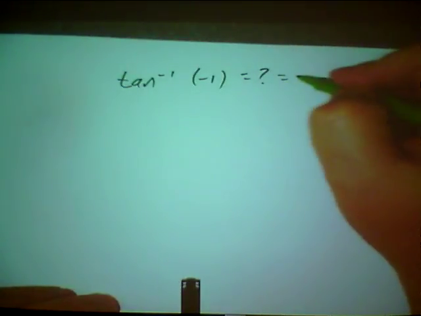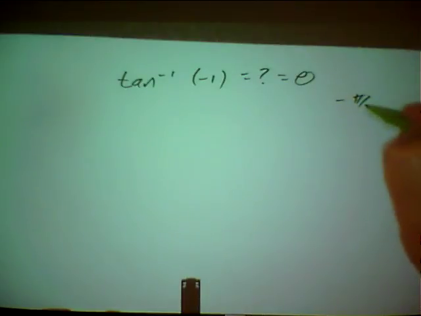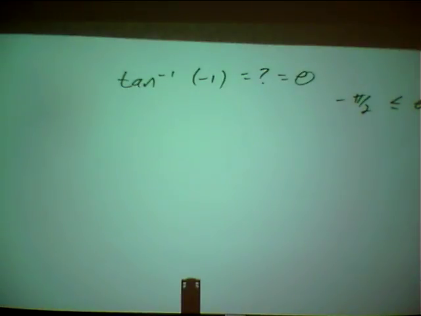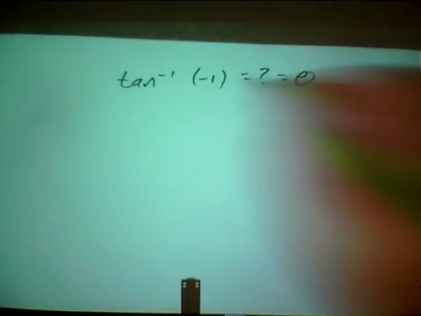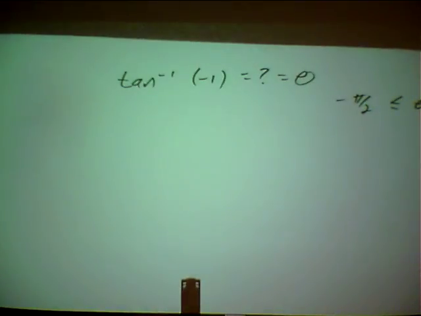In other words, if I'm saying what's the inverse tangent of -1, just like the inverse sine, that angle has to be between negative pi over 2 and pi over 2. So I'm looking for an angle where if I take the tangent of that angle, it's -1.